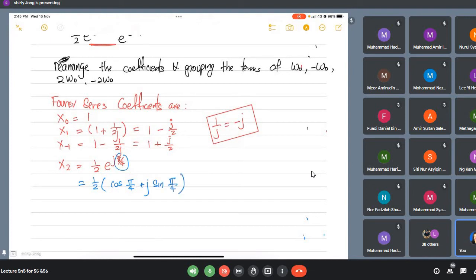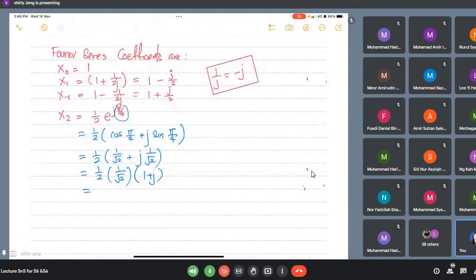You can press the calculator using radian, and you can get it. So you get 1 over 2.